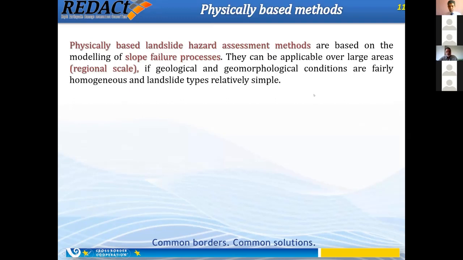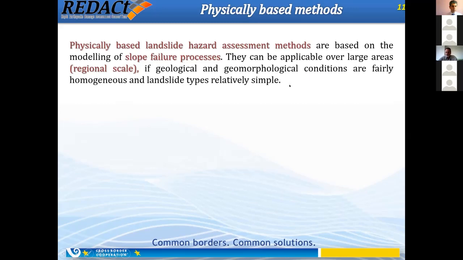Finally, the physically based landslide hazard assessment methods are based essentially, or solely, I would say, on slope failure processes. These are methods that engineers feel more at ease with.